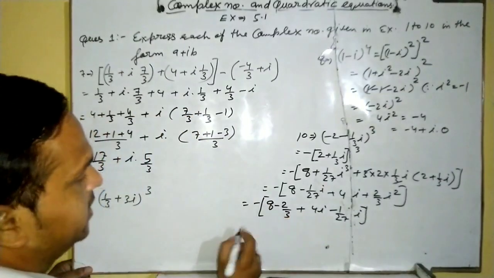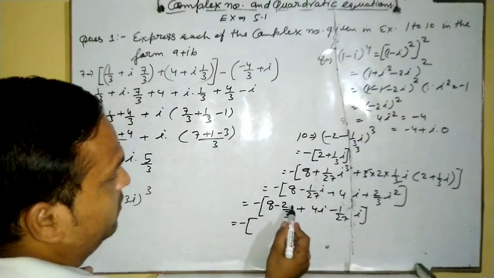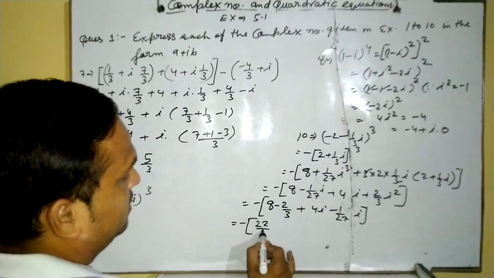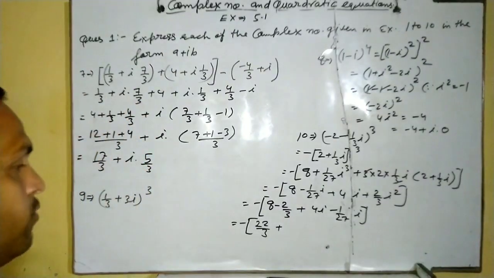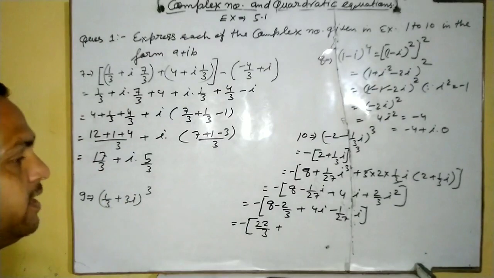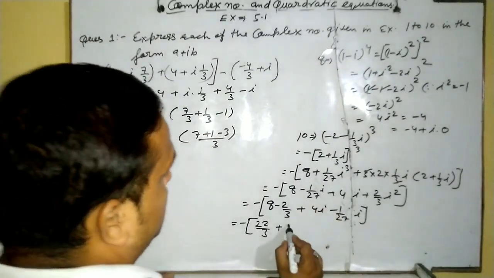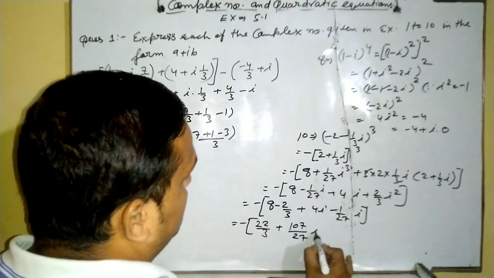Just take LCM. So minus 8 minus 2 is 22/3, and plus 27 LCM, 27 times 4 is 108, 108 minus 1, so this will be 107/27 i.